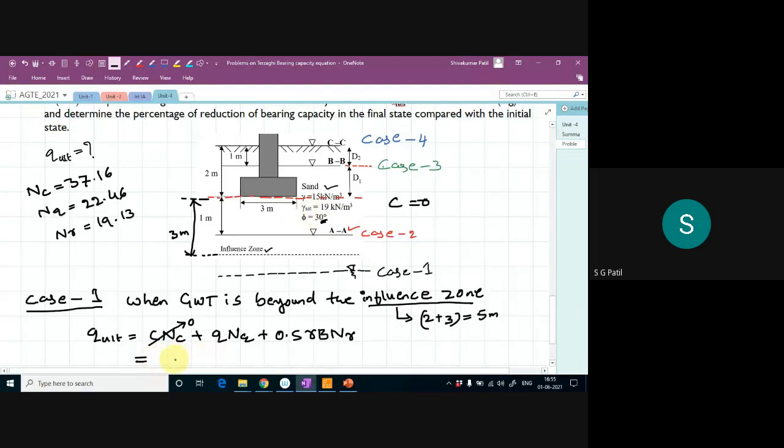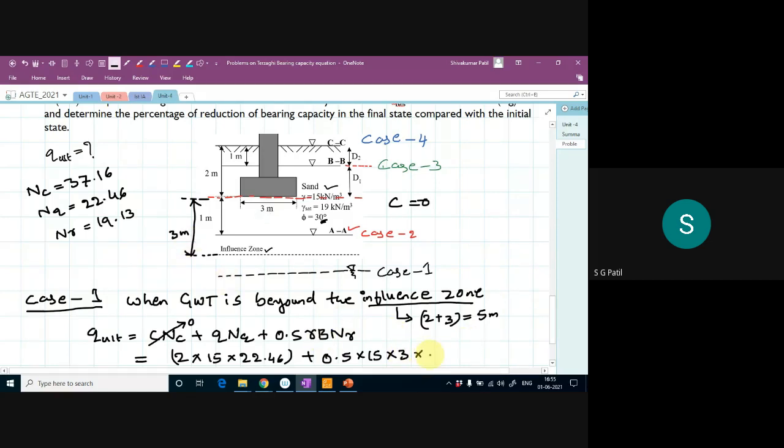So 2 into 15 into Nq, Nq is 22.46, plus 0.5 into again bulk unit weight only I have to take, 15 kilonewton per meter cube, into width of foundation, 3 meter, into N gamma.